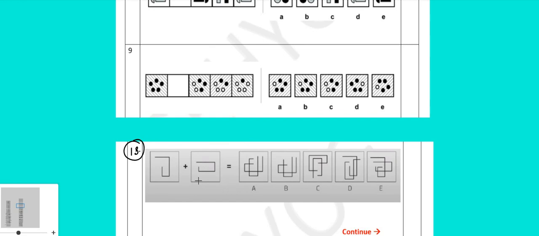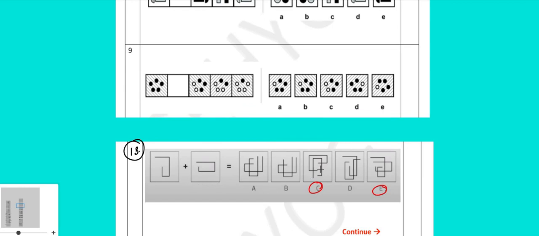So here, after we look at it, we'll find that C and E are wrong as they have extra lines. Let us count the number of lines. It is 1, 2, 3, 4. Similarly, 1, 2, 3, 4. And therefore, by adding them, we should be having 8 lines in total in a figure.